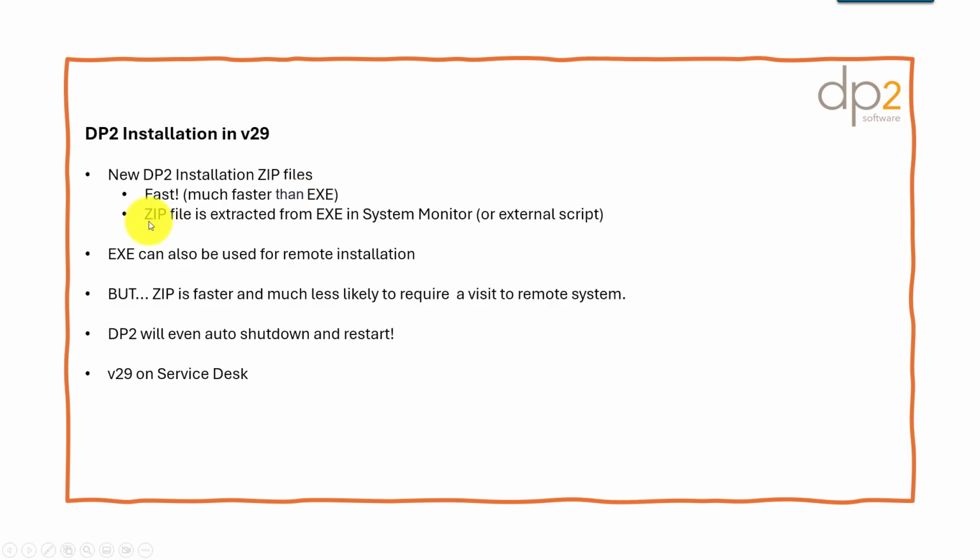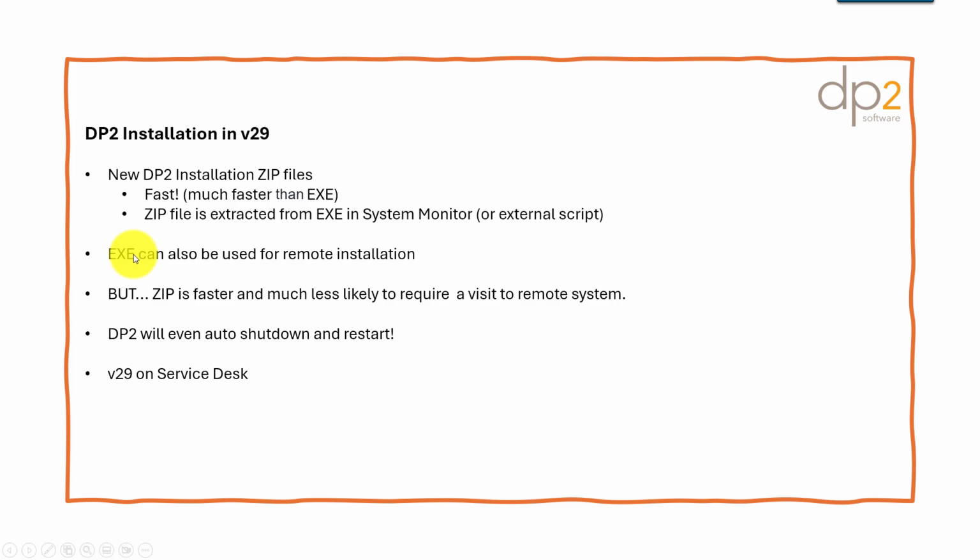And I'll show you the process of extracting the zip file from the EXE inside of System Monitor. There's also an external way to get the zip file from the EXE, and I'll go over a special circumstance, for example, where that may be applicable.